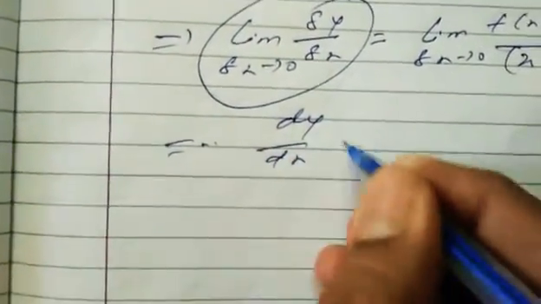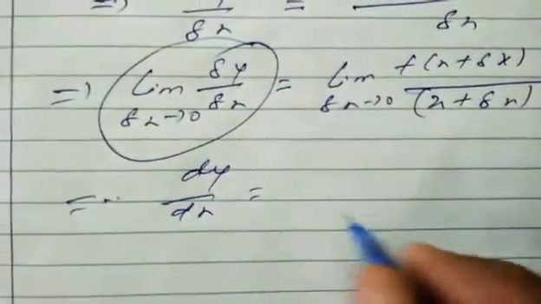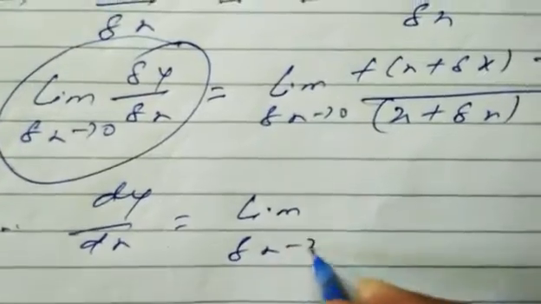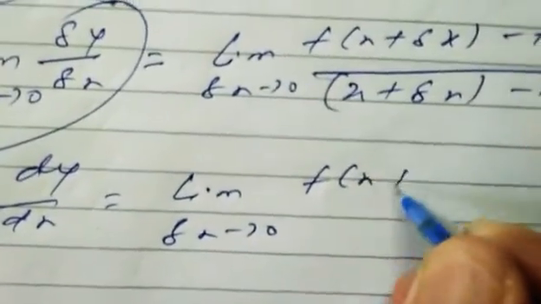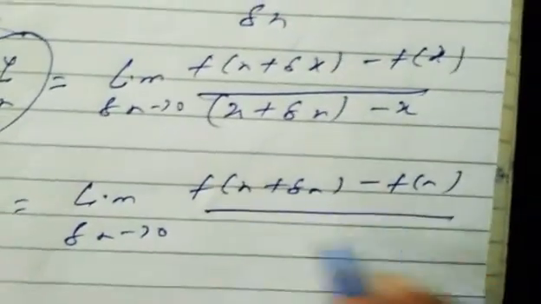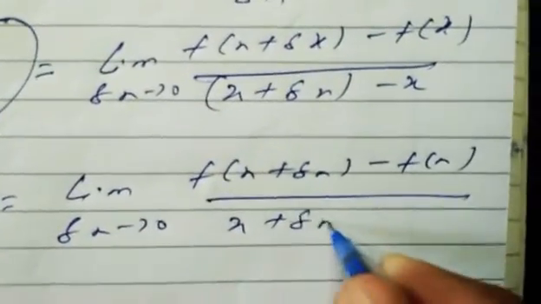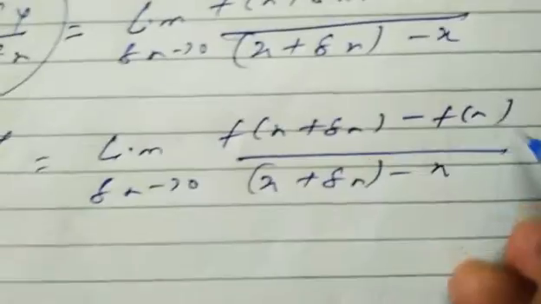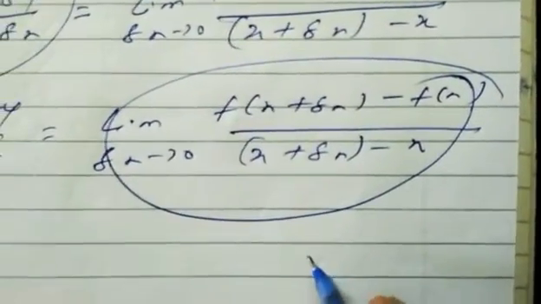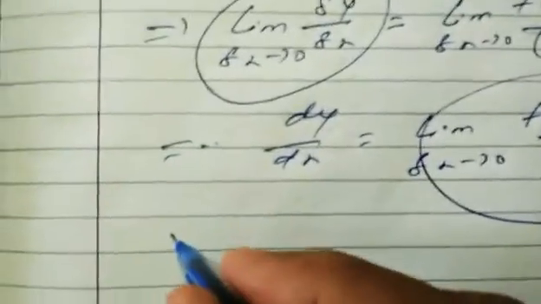What is dy by dx? This is the rate of change of y with respect to x: limit del x tending to 0, f(x + del x) minus f(x) upon (x + del x) minus x. Now I am taking a particular function.